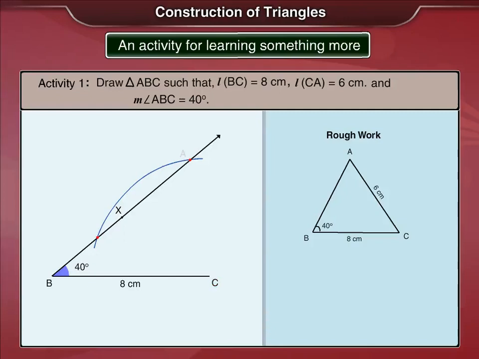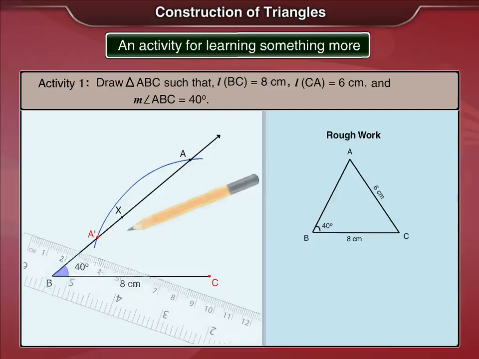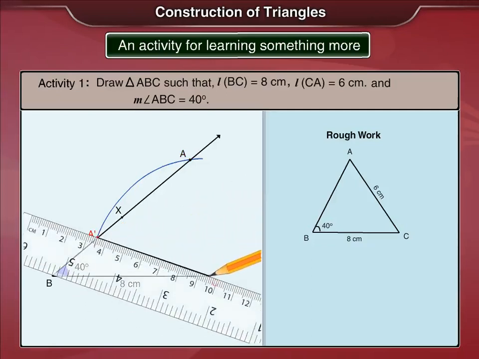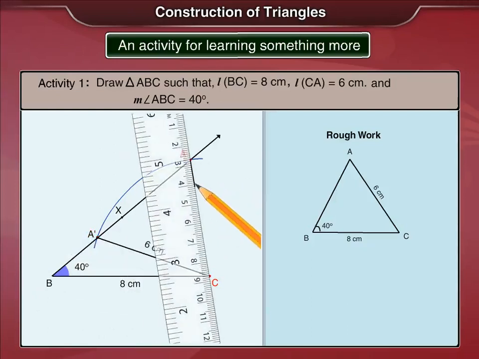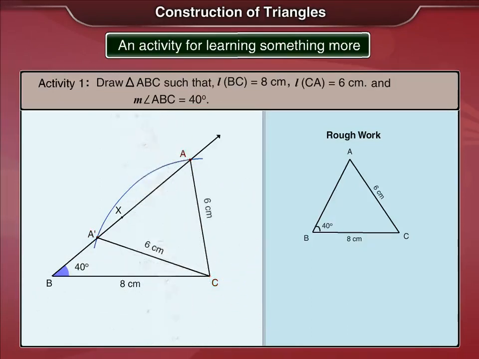Observe both these triangles. What do you find? They are of equal shape having different sizes. This means that if the measures of all the three angles of a triangle are given, we can construct infinitely many triangles of the same shape having different sizes.